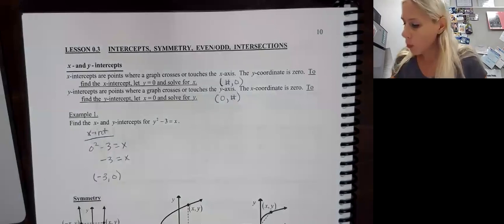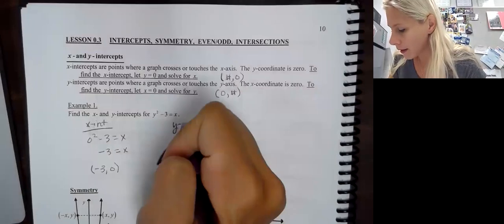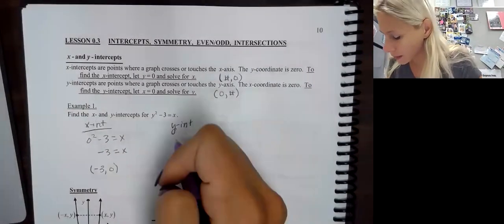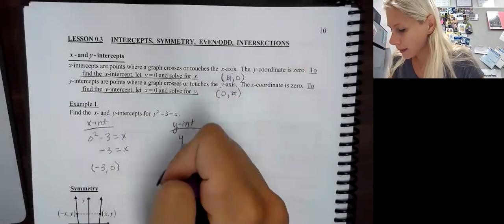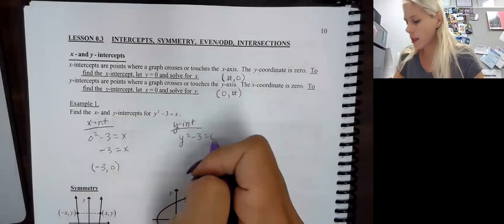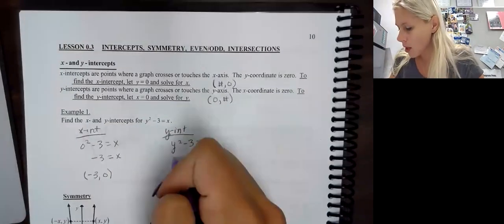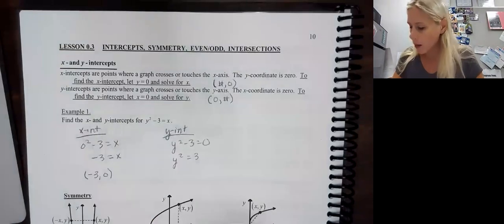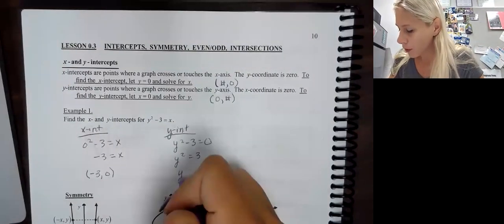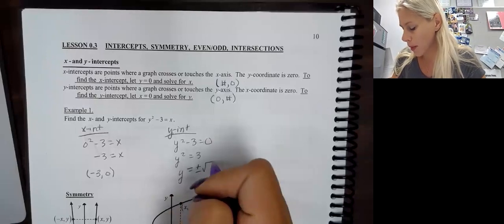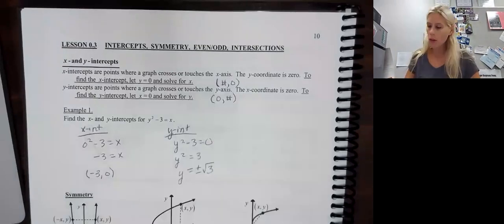Okay. The y-intercept, of course, we are going to plug in 0 for x, so we get y squared minus 3 equals 0. And then we're going to solve y squared equals 3. How do you get rid of a square? You take the square root, and remember there are two answers for a square root, so it's plus or minus the square root of 3.